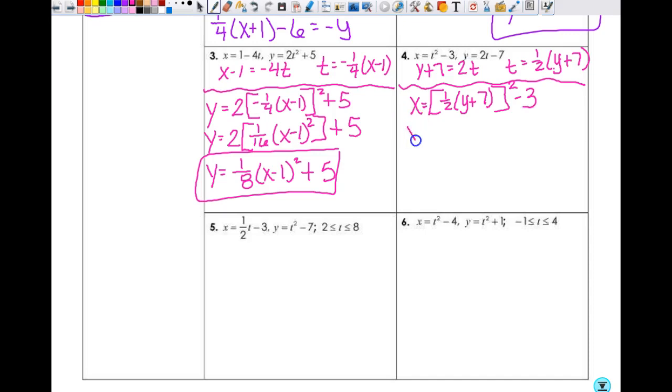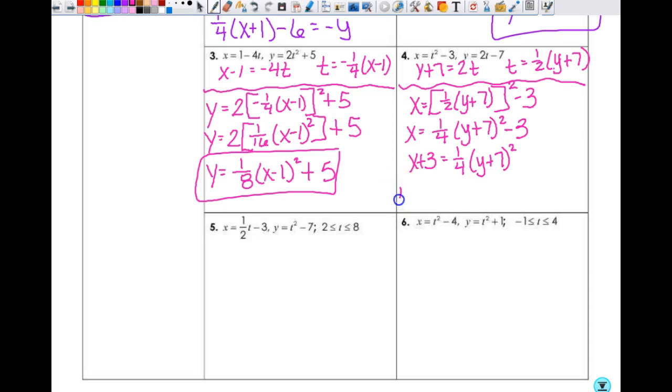So that means this is going to give me x equals 1/4 times y plus 7 squared minus 3. Now I need to get y by itself. I do not need to multiply everything out. I can start by adding 3 to both sides, so I get x plus 3 equals 1/4 times y plus 7 squared. Then what can I do next?